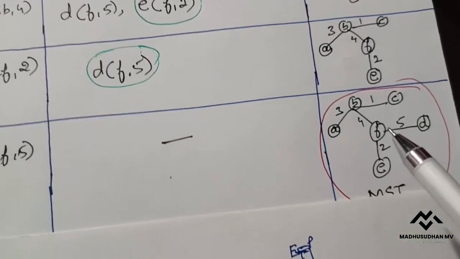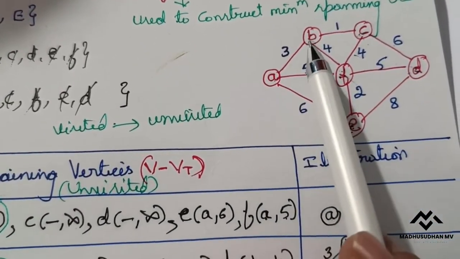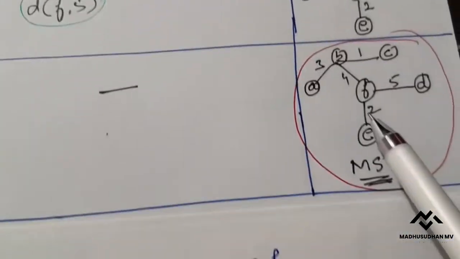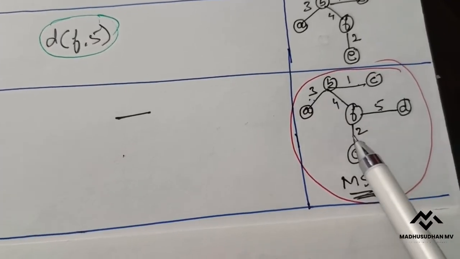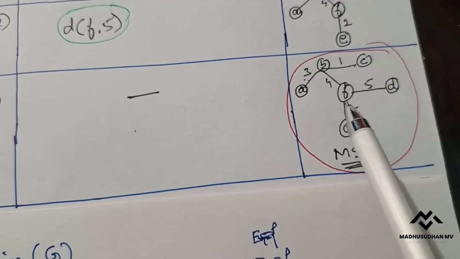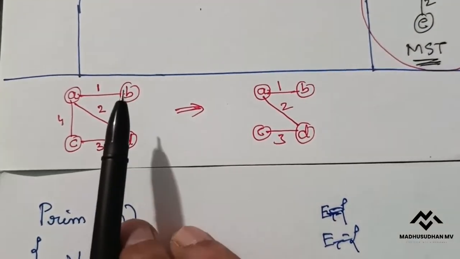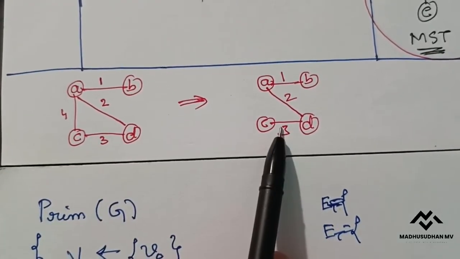See here, how many vertices are there? 1, 2, 3, 4, 5, 6. How many edges are in the minimum spanning tree? 1, 2, 3, 4, 5. If there are 6 vertices, we need 5 edges. Let us take one more simple example. Assume this is a graph which has 4 vertices, and this is its minimum spanning tree.